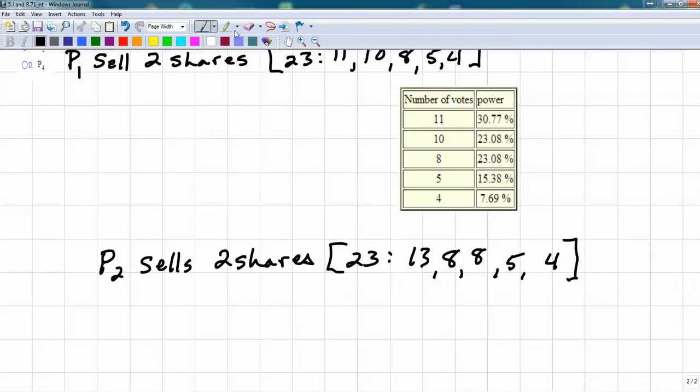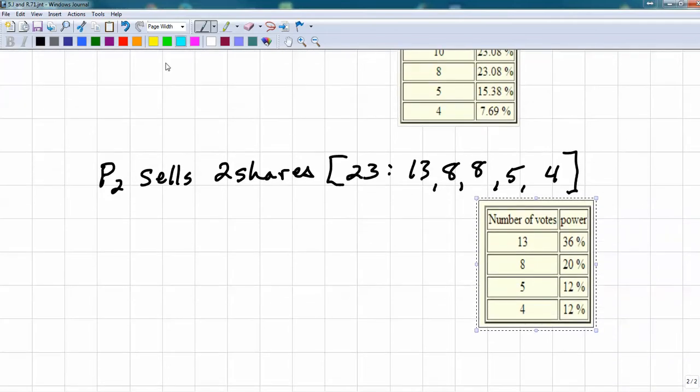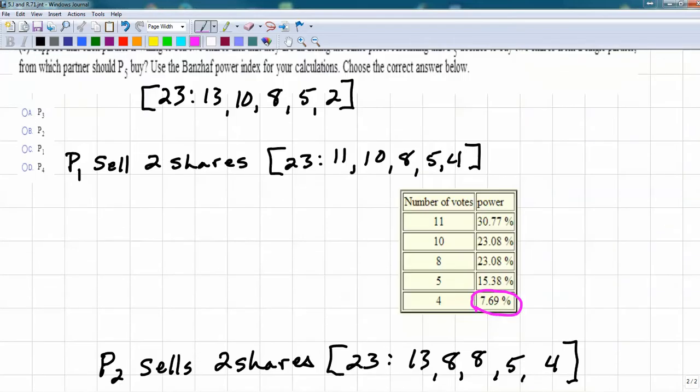So remember, back in the first setup, we were looking at the fact that P sub 5 has 7.69. That's when P sub 1 is selling 2 shares. Now we notice that P sub 5 has 12% when P sub 2 is selling 2 shares.